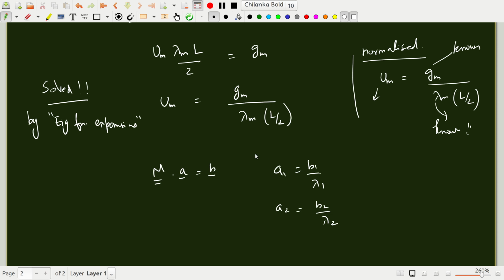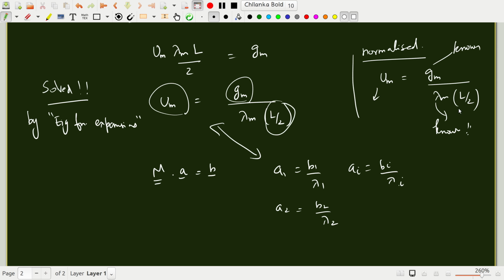This is very similar to what we found here, or you can say ai is bi by lambda i. Here you get um is gm by lambda m. gm is the Fourier coefficient, or the expansion coefficient, of the known function g of x. There, the bi's are the expansion coefficients of the known vector b, right? And the lambdas are the eigenvalues. Here the lambda m's are the eigenvalues.